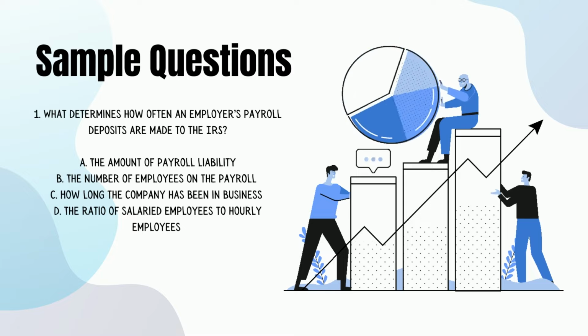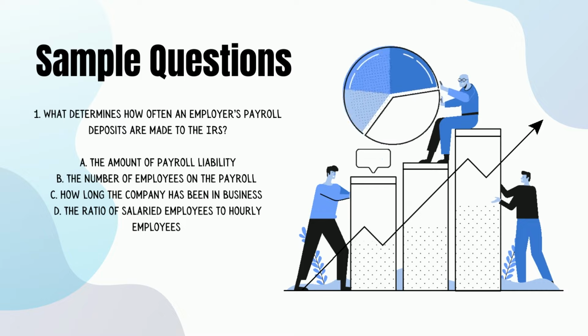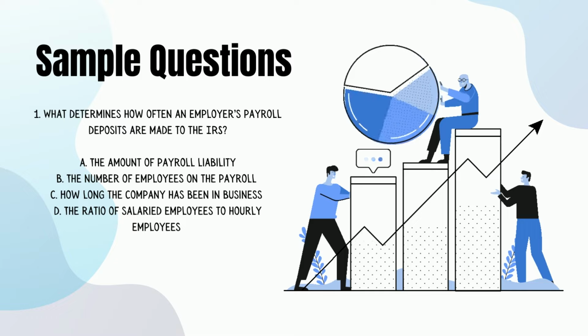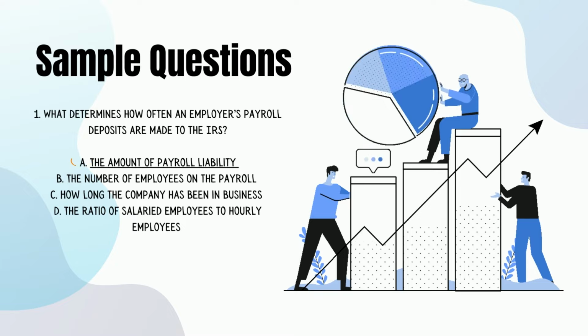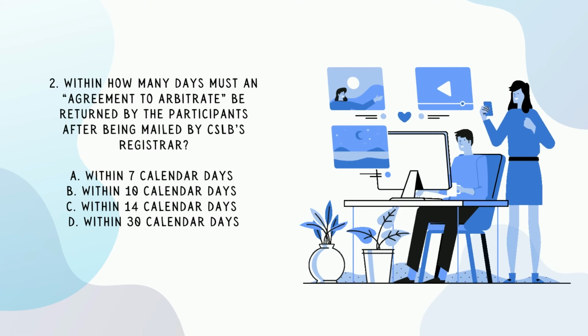Let's take a look at some sample questions you might encounter on the exam. What determines how often an employer's payroll deposits are made to the IRS? A, the amount of payroll liability. Within how many days must an agreement to arbitrate be returned by the participants after being mailed by CSLB's registrar?